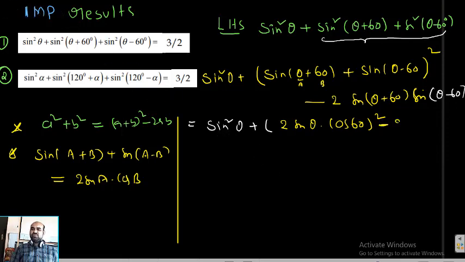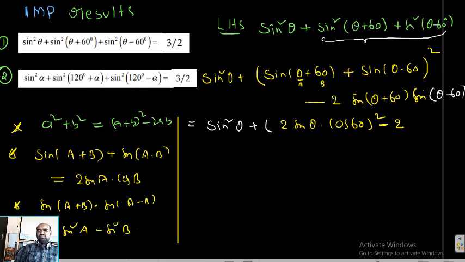Minus 2 into, here again I want to write the formula. Sin of a plus b into sin of a minus b equals sin square a minus sin square b. So that is 2 times sin square theta minus sin square 60.